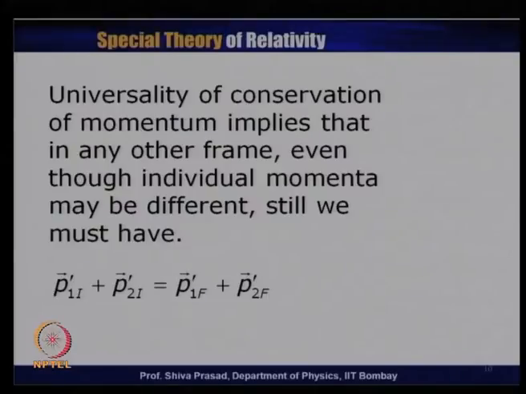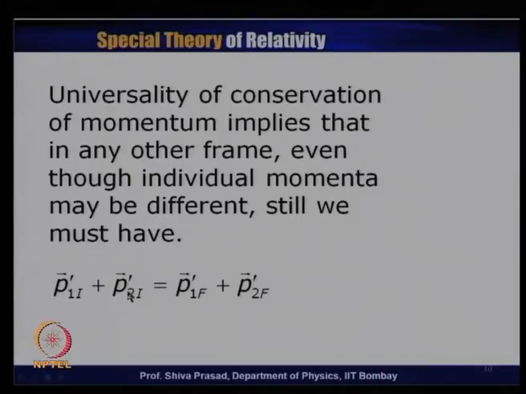So, this is what I have written here. Universality of conservation of momentum implies that in any other frame, even though individual momenta may be different, we must still have P1I prime plus P2I prime. I have put a prime here to show that this is in a different frame. These could be different from P1I and P2I because they are primed. So, the individual momentum values may be different in different frames.